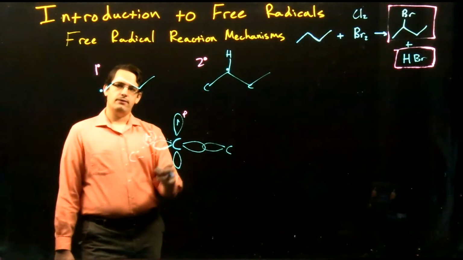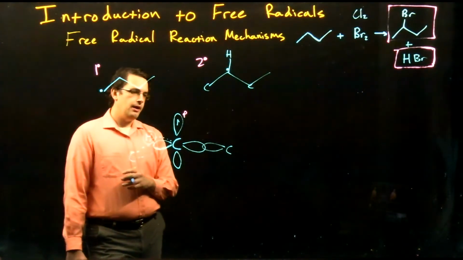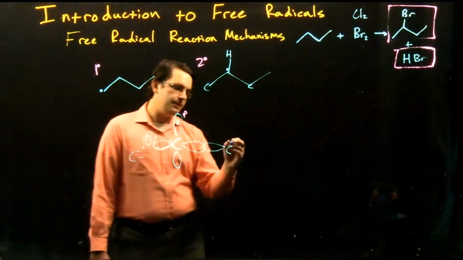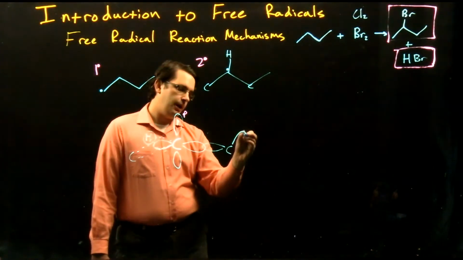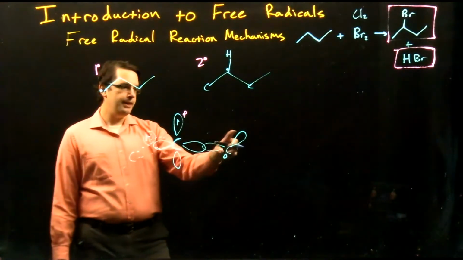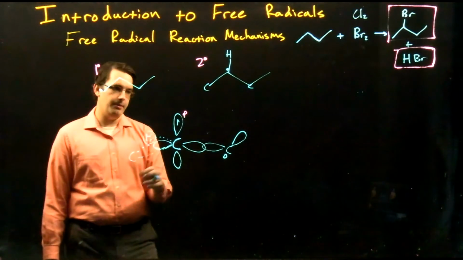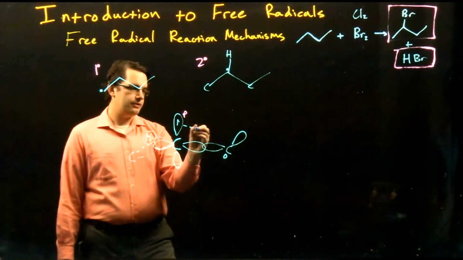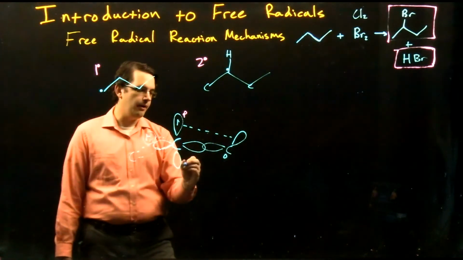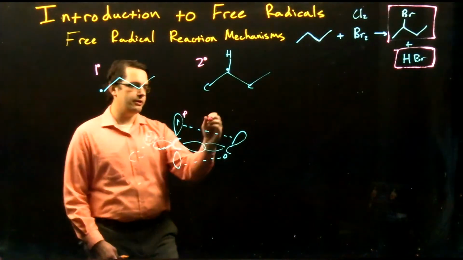Now, previously, of course, with our carbocation, we would have just an empty p orbital here. And what we saw is that that empty p orbital could actually partially overlap with the p characteristic of our adjacent sp3 orbitals on carbons. So we can actually get this partial overlap here, or this hyperconjugation, we call it.